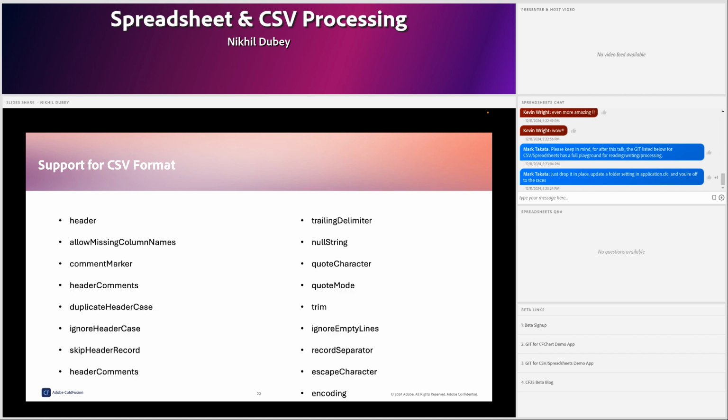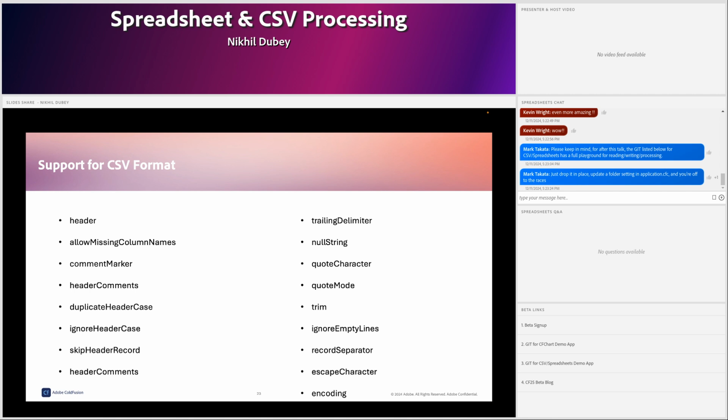Then there are n number of configurations that all these methods support. I want to talk a little bit about those configurations because there are 17 of them, a huge amount of configurations. Many of them are related to the header. Header is nothing but an array of column names of that CSV.